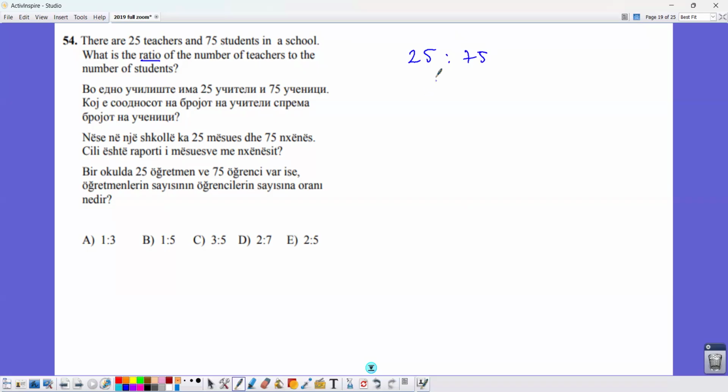When we simplify this one directly, you can see that you can divide both of them by 25. So it will be 1, and this one, 3. If you cannot see directly that you can simplify by 25, you will start to simplify by 5. Then you will get the simplest form, which is 1 to 3. So the ratio of teachers to students is 1 to 3.